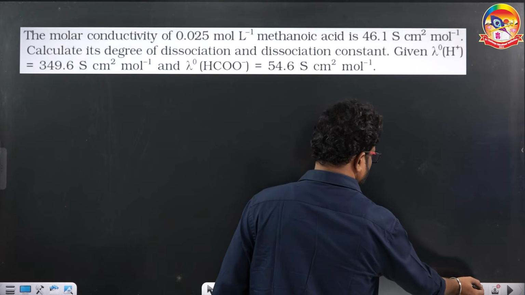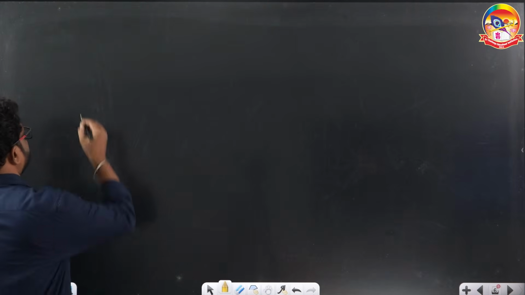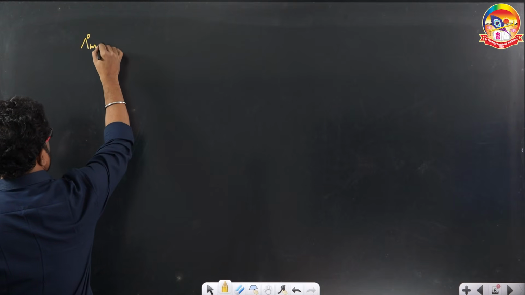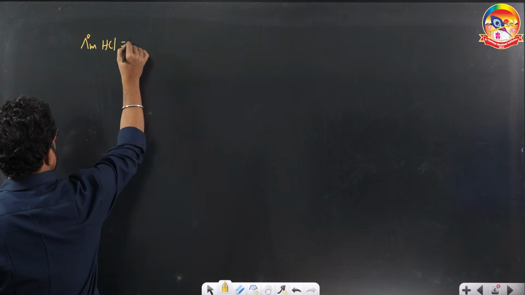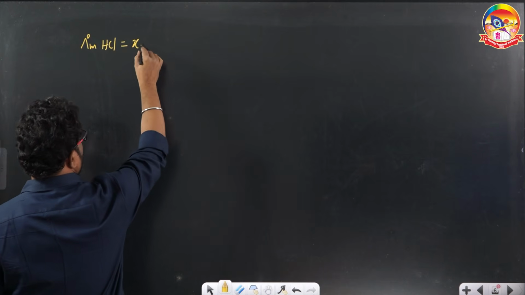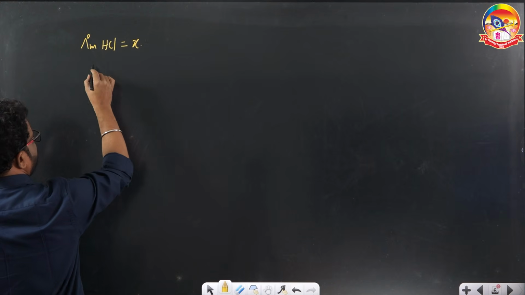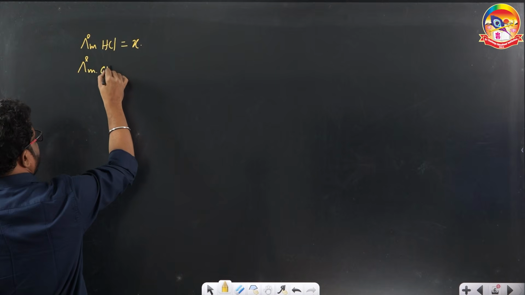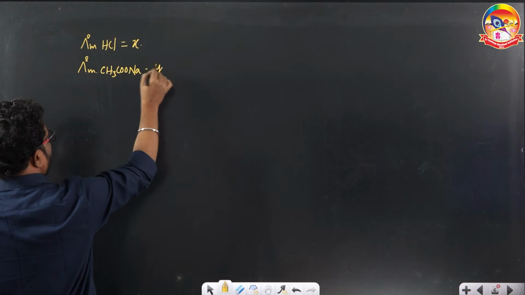Let me take an example. Assume lambda naught m of a strong electrolyte HCl is some x. I'll take random numbers instead of exact values. Lambda naught m of HCl is x. Lambda naught m of CH3COONa is y.